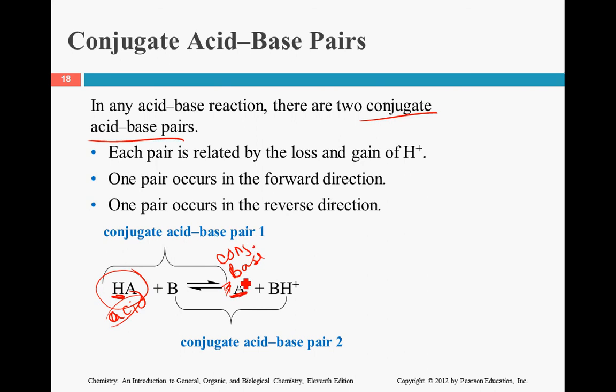Because in theory, if it was in solution, it could steal somebody else's hydrogen because of this negative charge. And once the base gathers up that hydrogen, it does have the ability to give that hydrogen back to the solution. Once it goes to the right-hand side, it doesn't necessarily stay there.